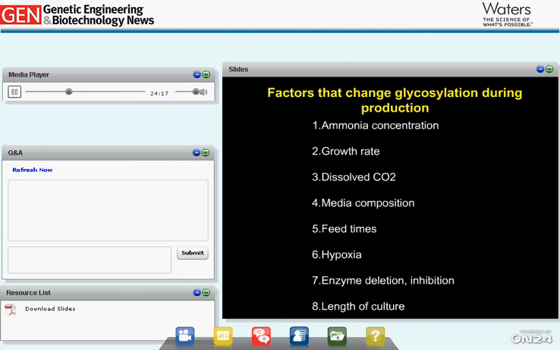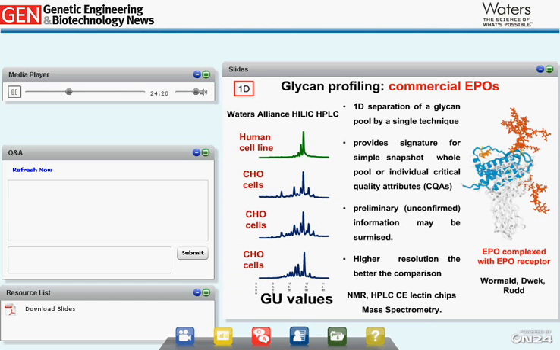This slide shows you the difference between different erythropoietins that are on the market. You can see here, just by using a simple HPLC analysis with no other information, that these different human and CHO cells have different glycosylation signatures, and sometimes that's the only analysis you need to give you the kind of information that you want, which is how different these EPOs are from each other.